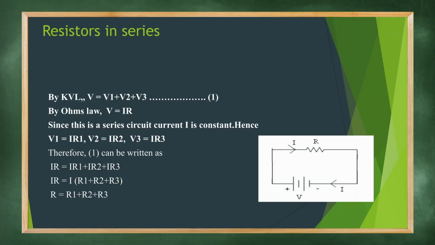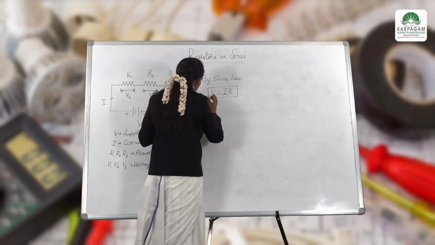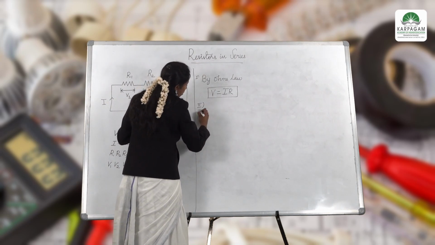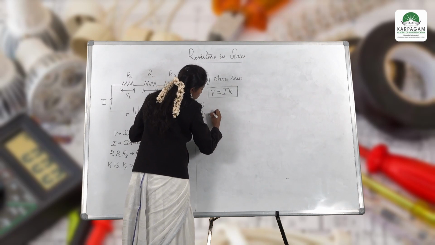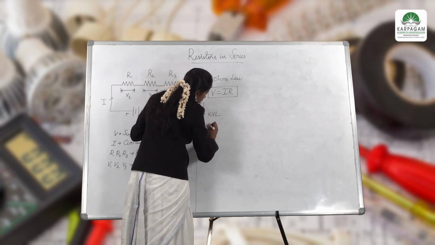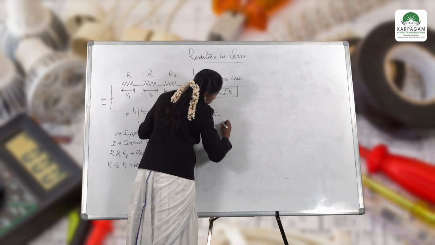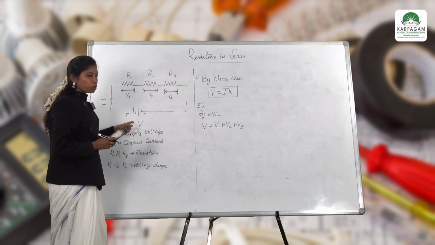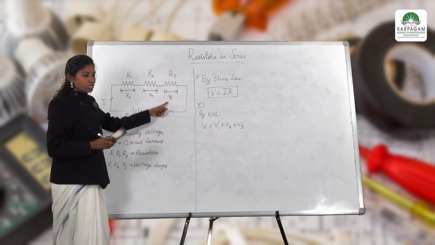So we know that in the earlier module I taught you about Ohm's law. By Ohm's law we need to remember voltage V will be equal to I into R. And the second thing, by KVL, Kirchhoff's voltage law, the voltage produced will be equal to the sum of the voltage drops across each resistor.